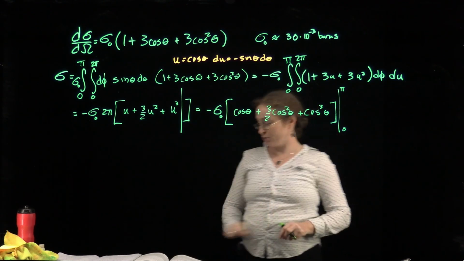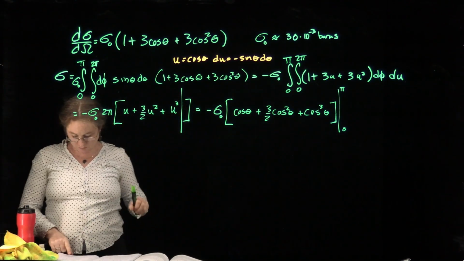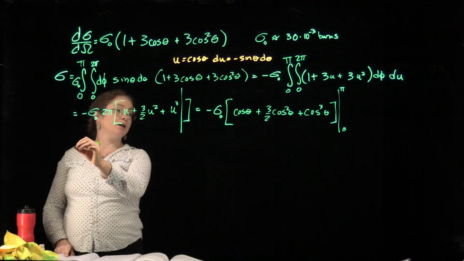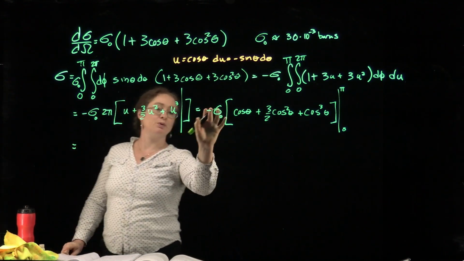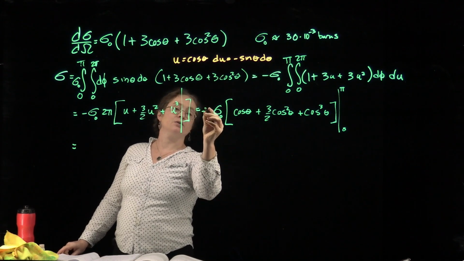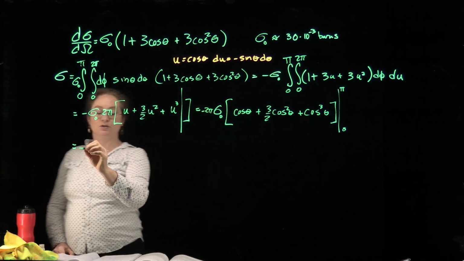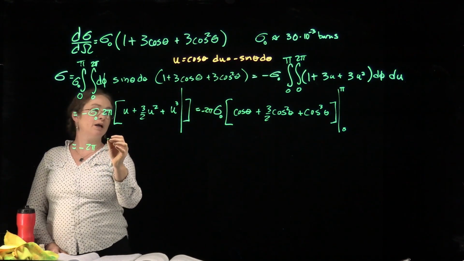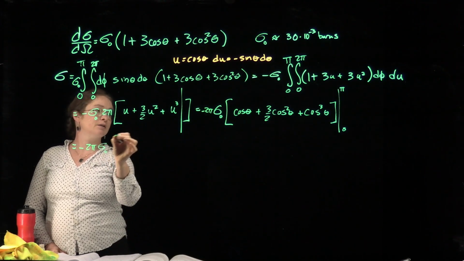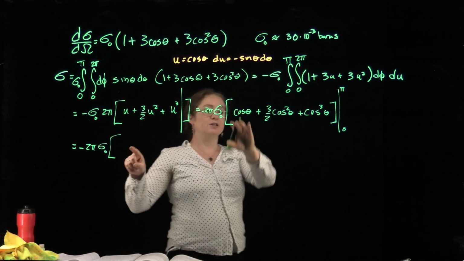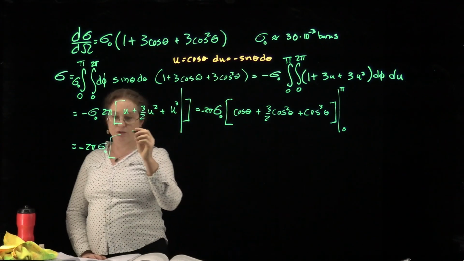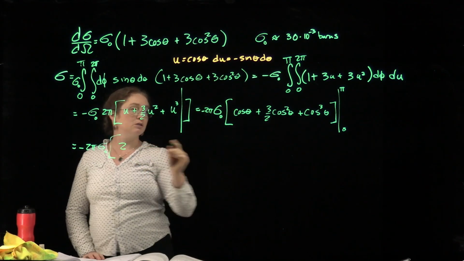So this term goes away. And I drop my 2 pi. Negative 2 pi. So I have negative 2 pi sigma naught. And then here, for this term, I get a 2.